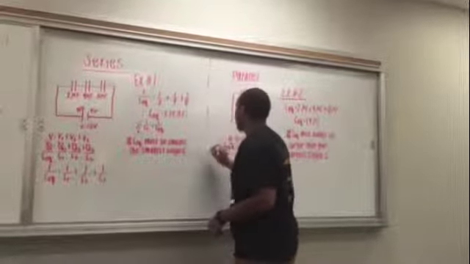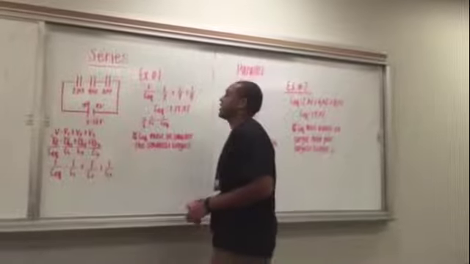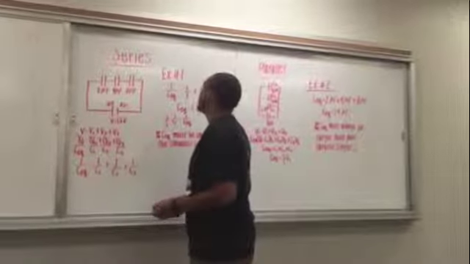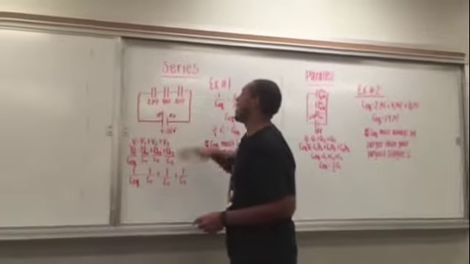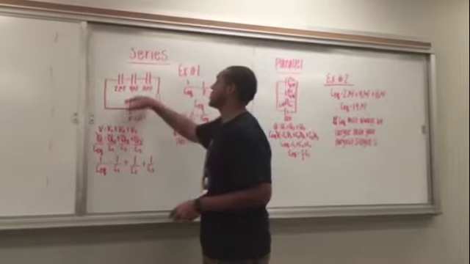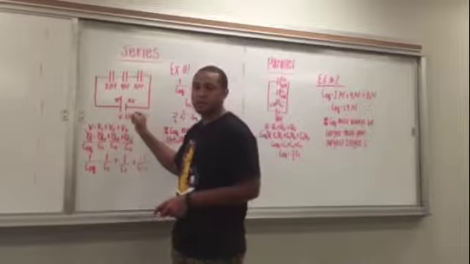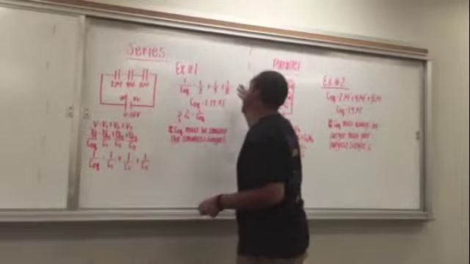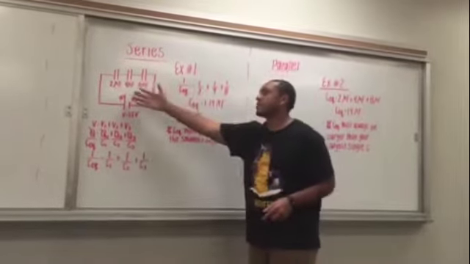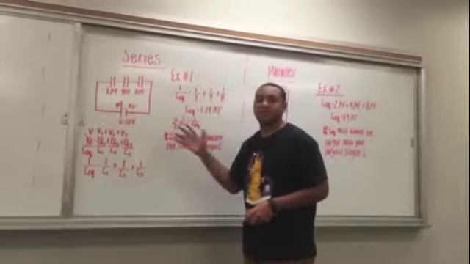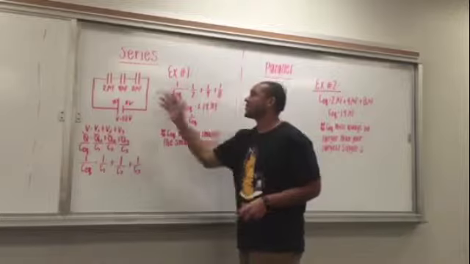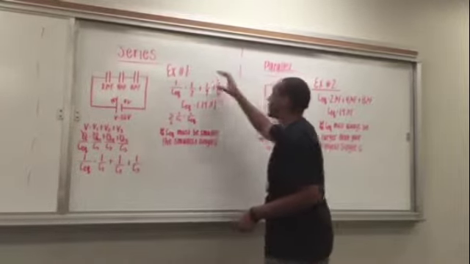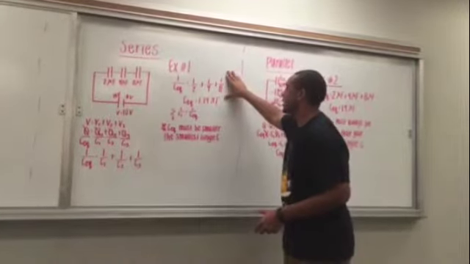The first type of capacitance we're going to talk about today is series. For series, you take the value of each capacitance, inverse it, and add them together. In this first example, capacitance 1 measures 2 microfarads, and the others are 4 and 8. We take the inverse of them and add them together.